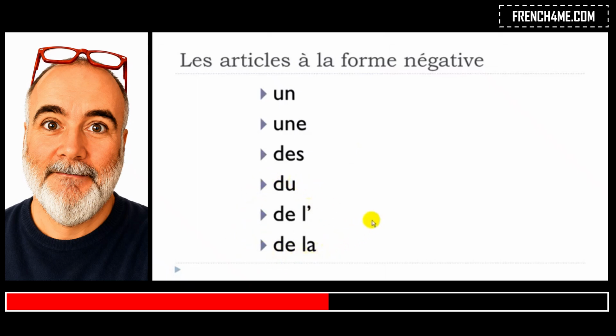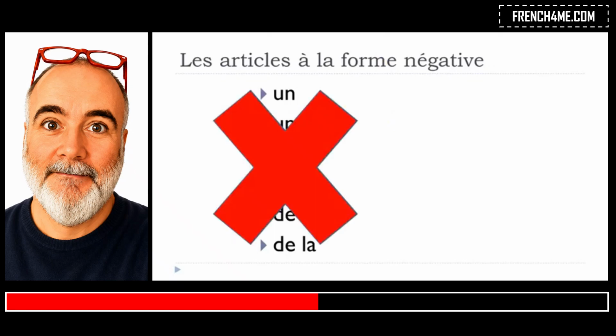If you want to put them in a sentence, and the sentence is at the negative form, then you will not use them, but instead you will use de, or d' apostrophe if you've got a word with a vowel after or the sound of a vowel.